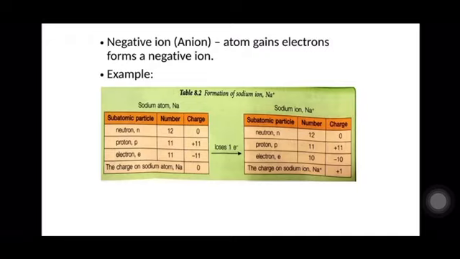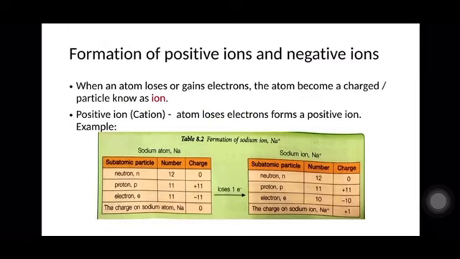So kenapa benda ni jadi positive 1? Sebab proton yang mana positive charge tadi sudah lebih 1 compared to negative charge. Dia lebih 1 charge. So that's why dia positive 1. So kita pun tulislah dia dengan simbol sodium ion ataupun Na plus. Sebab dia sudah jadi cation. Yang ni cation bukannya anion, sebab dia donate 1 electron. Understood guys? Okay, next.